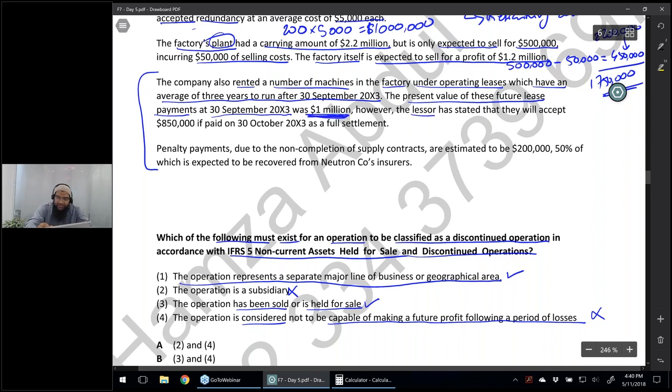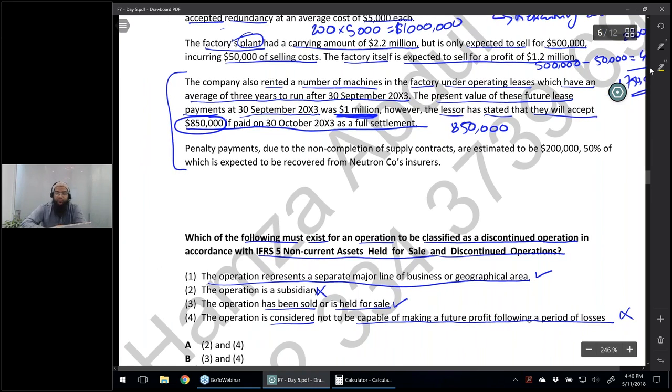However, the lessor has stated that they will accept 850,000 if paid on 30th October 2023 as a full settlement. So now when we are closing the business, there is no need of the property being leased or the machines being leased. So we will provide the machines back and we are going to pay a penalty of $850,000. So $850,000 should be recorded as a provision.